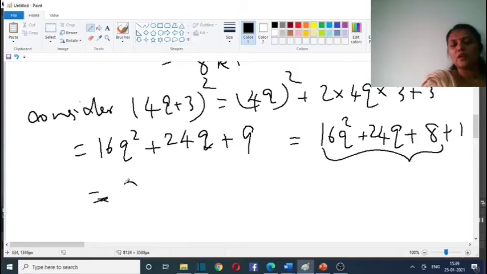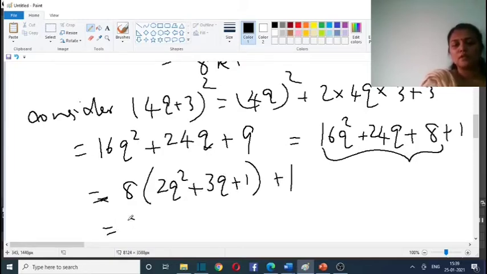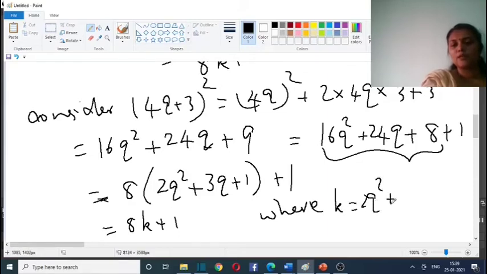Now we can take out 8 from the first 3 terms. So this is 8 into (2q square plus 3q plus 1) plus 1, which is equal to 8k plus 1, where k is equal to 2q square plus 3q plus 1.